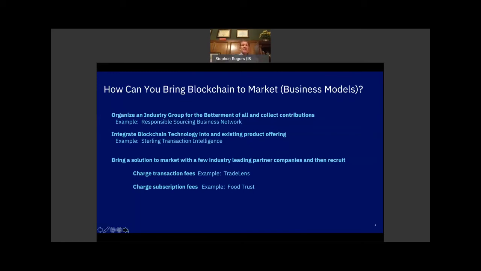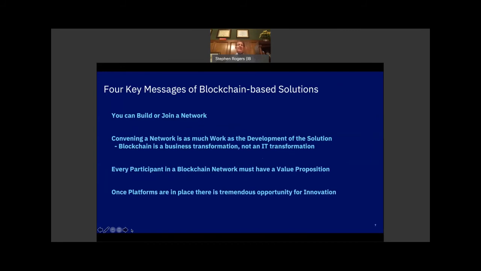Okay. So the four key messages of blockchain-based solutions, or what I would say is my personal experience over many client situations, is first make the decision: do you want to build something? Do you want a custom home, or can you live with something that's already built?